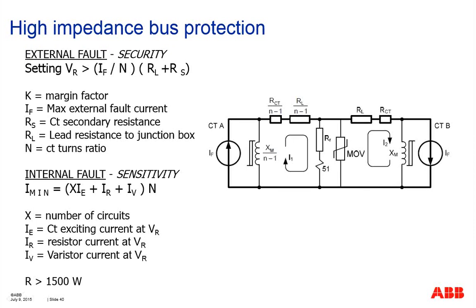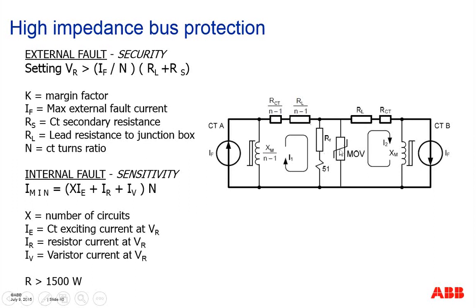And as I mentioned before, with this VR setting, you calculate the current that the relay needs to drive the various components of this circuit. For example, that includes your excitation branch, and the current through the resistor and through the MOV.